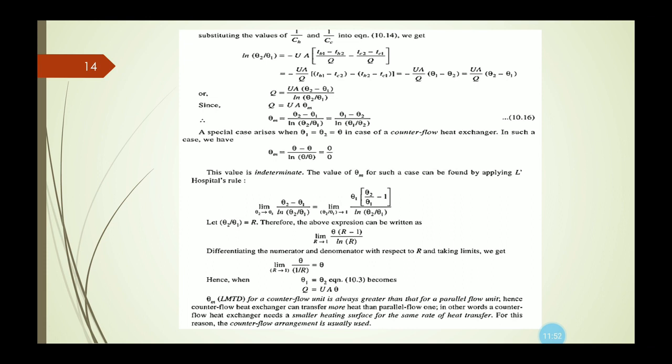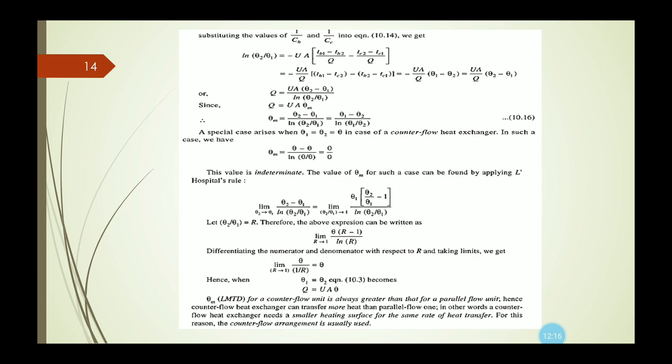Now this theta m for a counter flow unit is always greater than that for a parallel flow unit. This is a concept we need to remember: the logarithmic mean temperature difference for a counter flow heat exchanger is always greater than for a parallel flow heat exchanger.